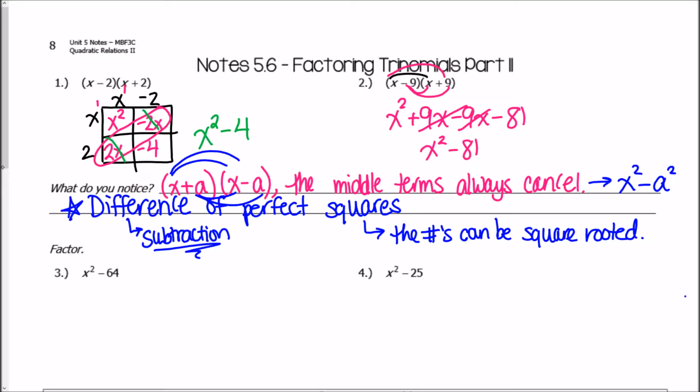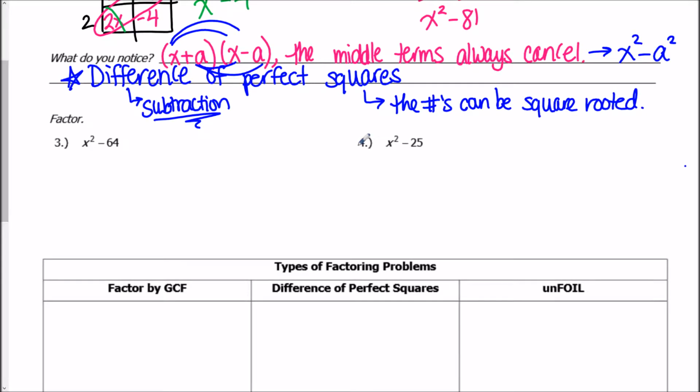Okay, so let's go ahead and look at how to factor questions 3 and 4. So in question 3, this is a difference of perfect squares because this is a perfect square, this is a perfect square, and there's subtraction. So if I were to factor this, I know that this times this gives me x squared, so x times x is going to give me x squared, and I know this times this will give me negative 64, and they have to be the exact same number.